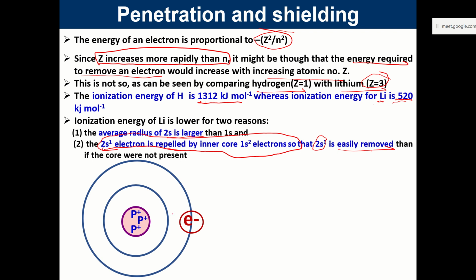There will be strong attraction between the three protons and the single electron, pulling it. So it looks like it will be much more difficult to take out this electron.